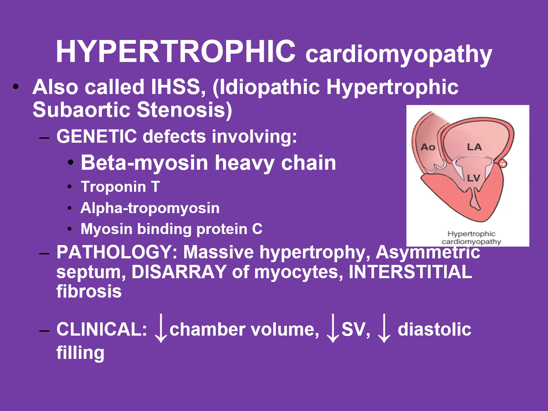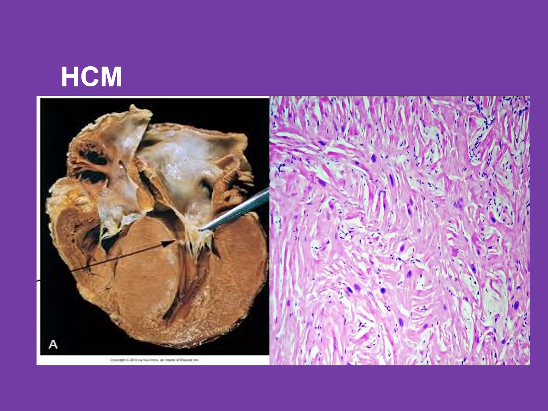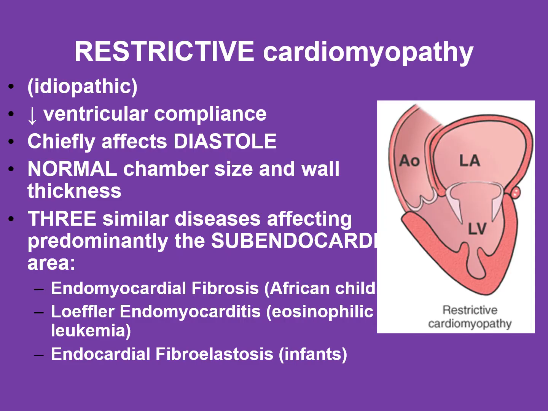There's an asymmetric septum, disarray of myocytes, and interstitial fibrosis, which is also seen in your microscope. So there's a disarray and a lot of interstitial fibrosis. So in general, the microscopic examination is not a very good assay or test to differentiate dilated and hypertrophic, because these are mostly morphologic diagnoses.